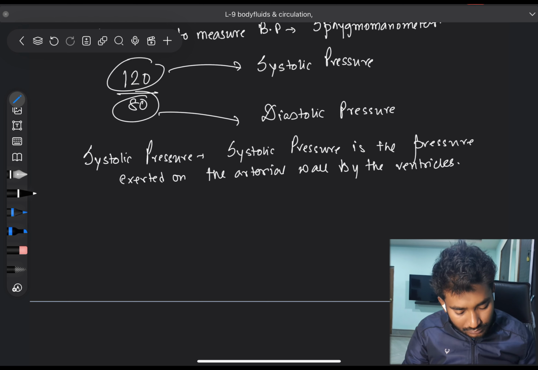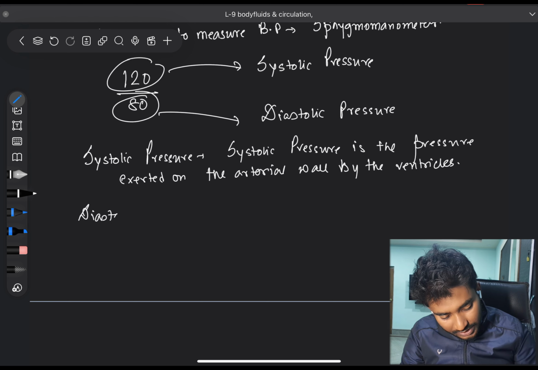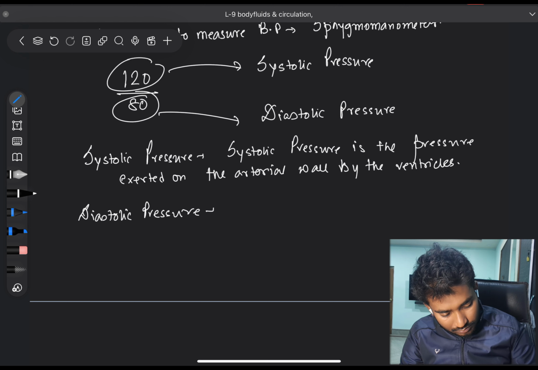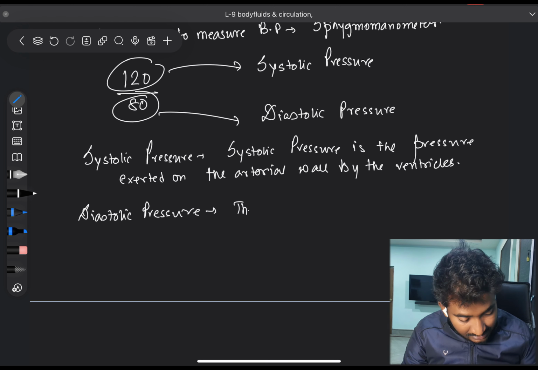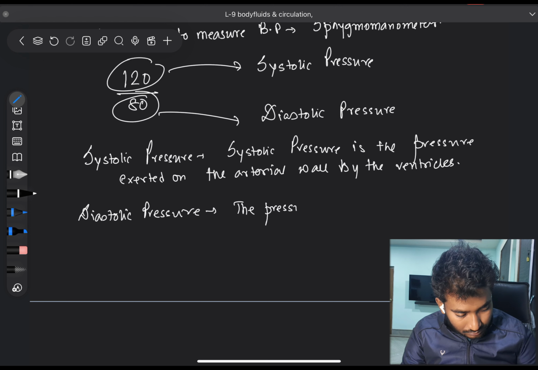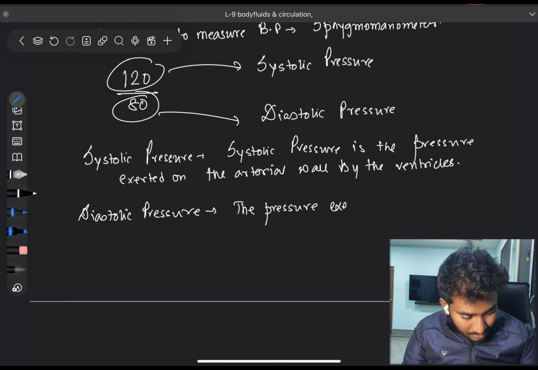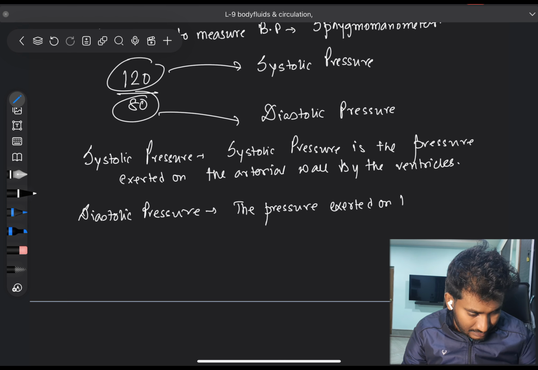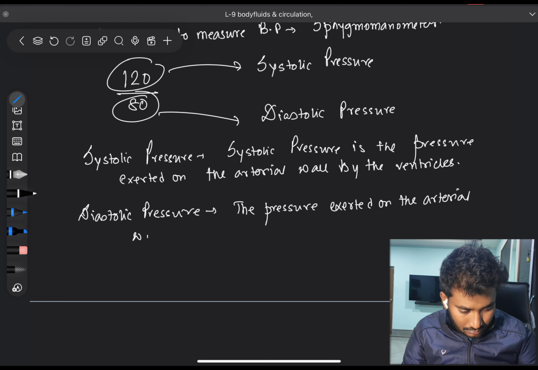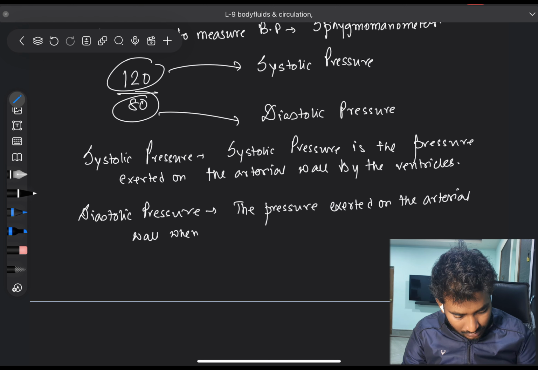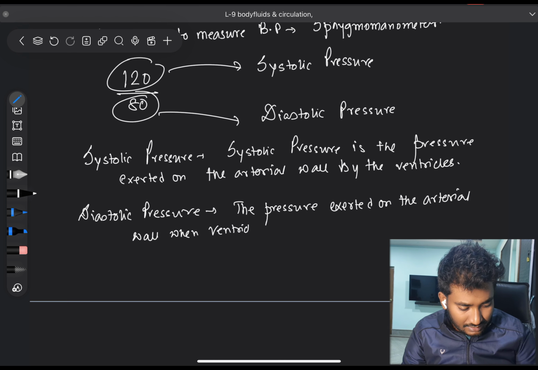And what is diastolic pressure? Diastolic pressure is the pressure exerted on the arterial wall when the ventricles are in diastole.